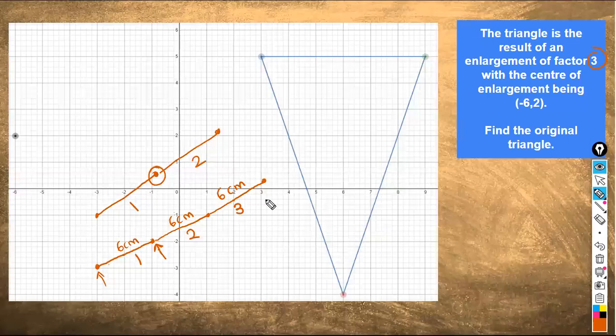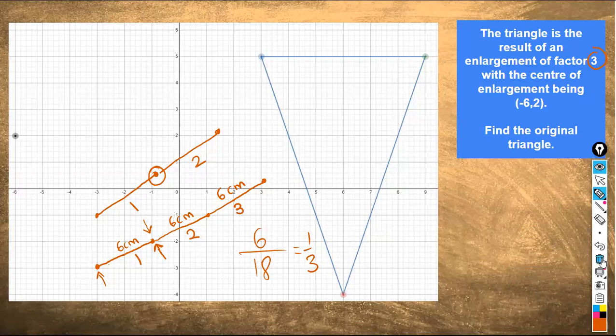It would be 1/3, right? Because if the whole length is 18 and you only have to go up to 6, then 6 divided by 18 is 1/3. So that means when the scale factor is 3, you're going to draw lines and find 1/3 of the length of the line.